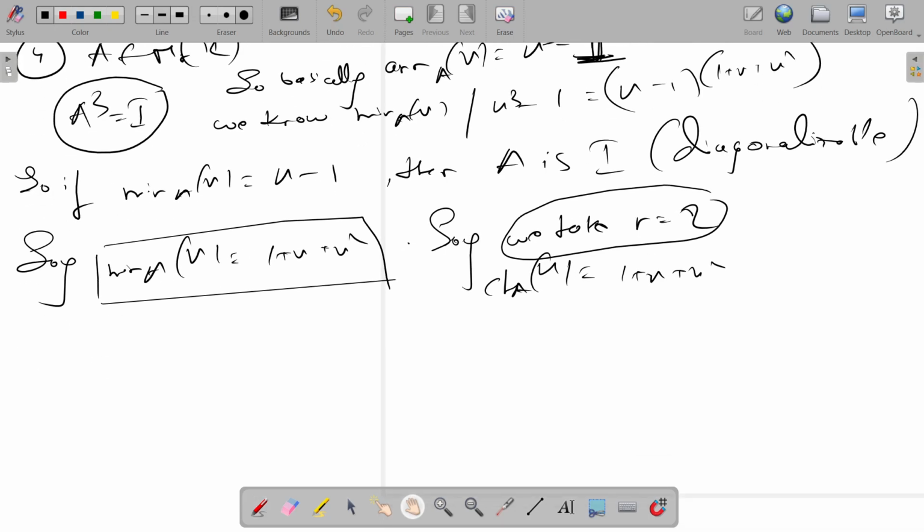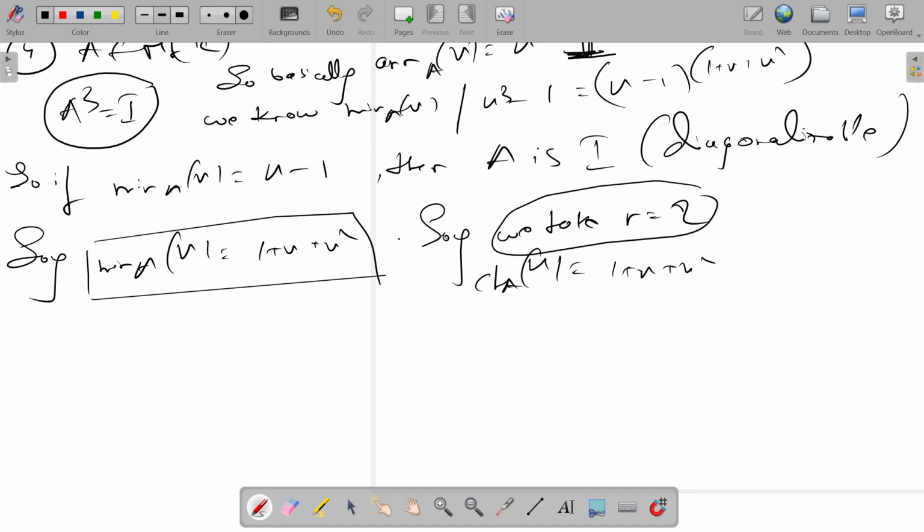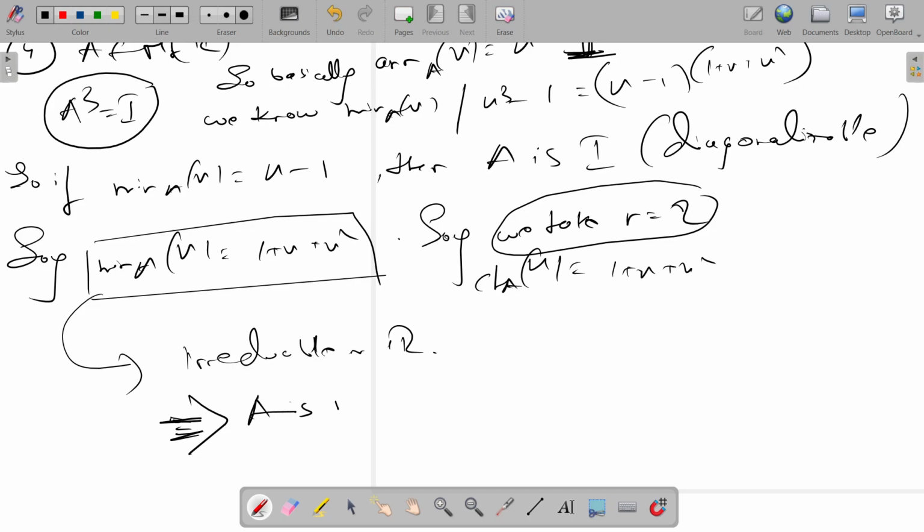Since this is the minimal polynomial and it is irreducible in R, it does not split into distinct linear factors over R, which implies that A in M_n(R) is not diagonalizable.